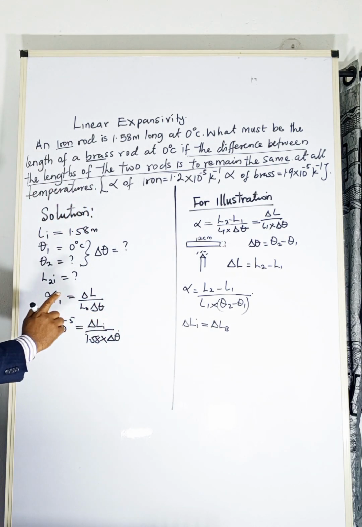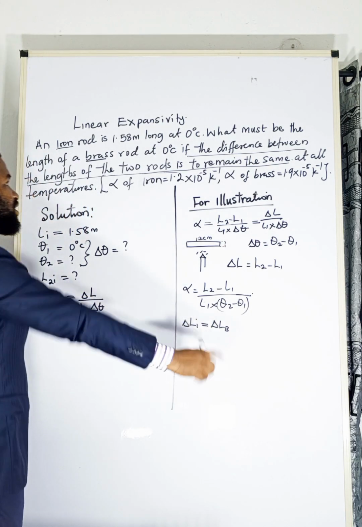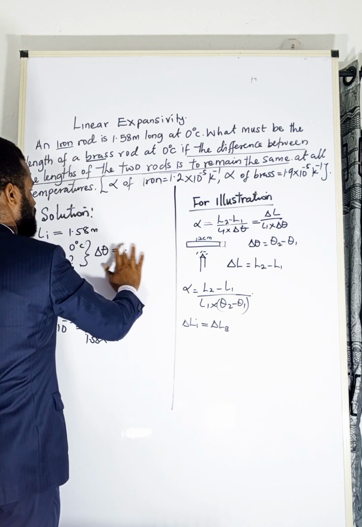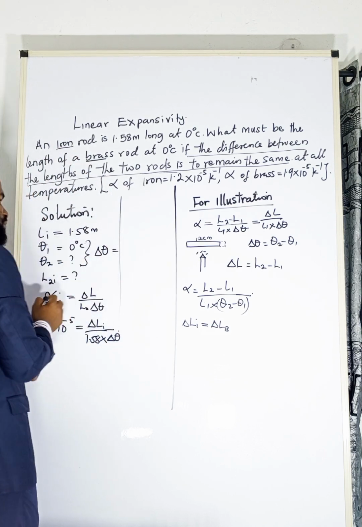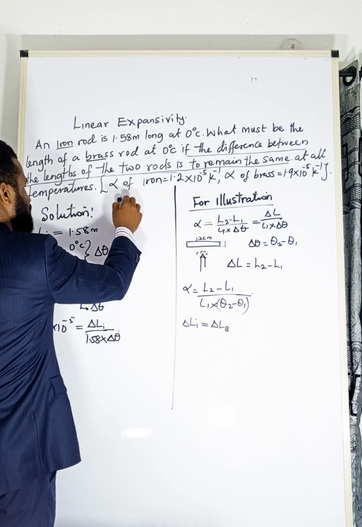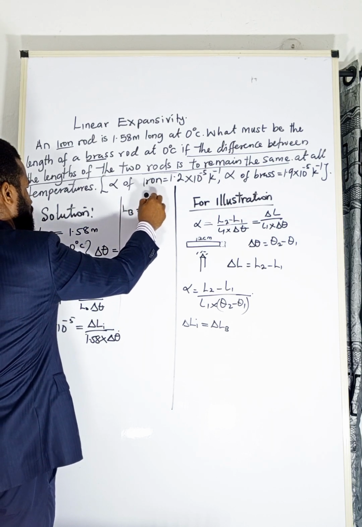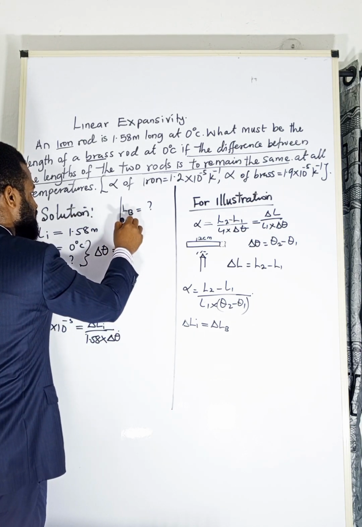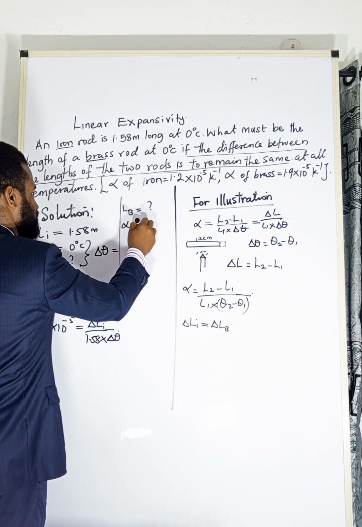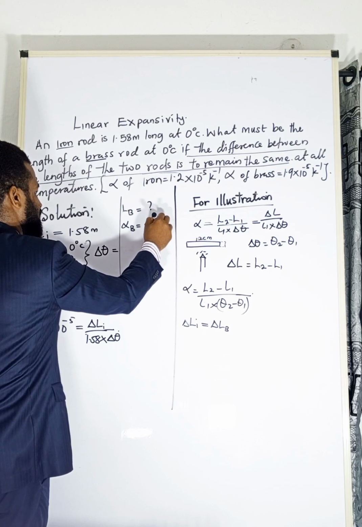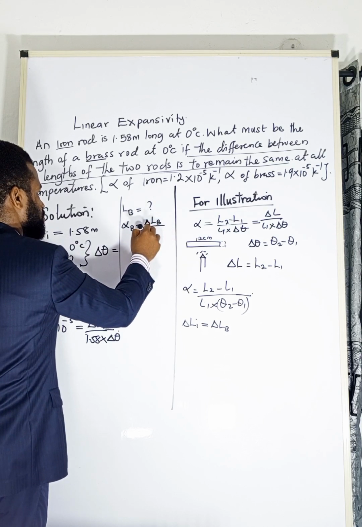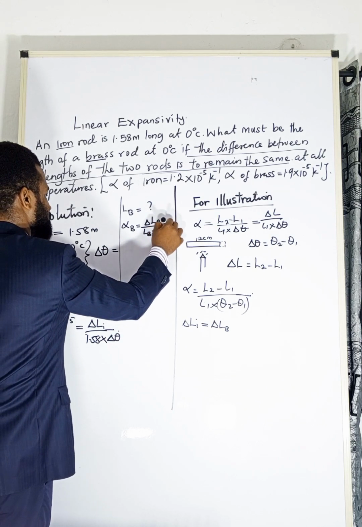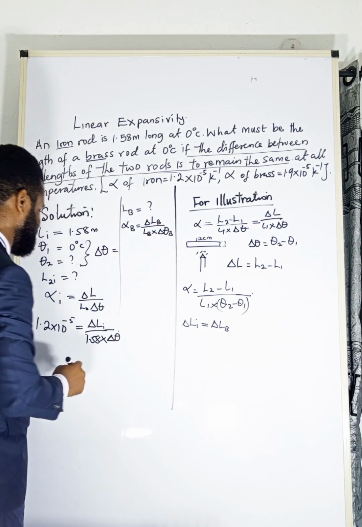So what is the change in length for brass? They did not give me the initial length of brass, and that is what I'm looking for. So let me put something here. The length of brass is equal to, I don't know, that is what I'm looking for. But the linear expansivity of brass is equal to the change in length for brass all over the length of brass times the change in temperature of brass.